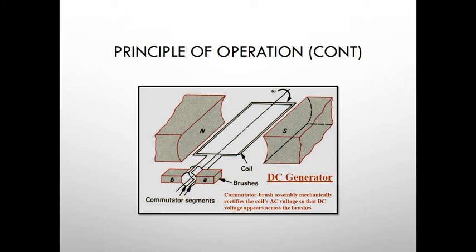In the previous slide, it was discussed that the generated EMF depends on the strength of the magnetic field. So from north to south, if there are a lot of magnetic lines of flux, or your magnetic field is strong, your EMF is large, meaning a larger induced EMF is produced.